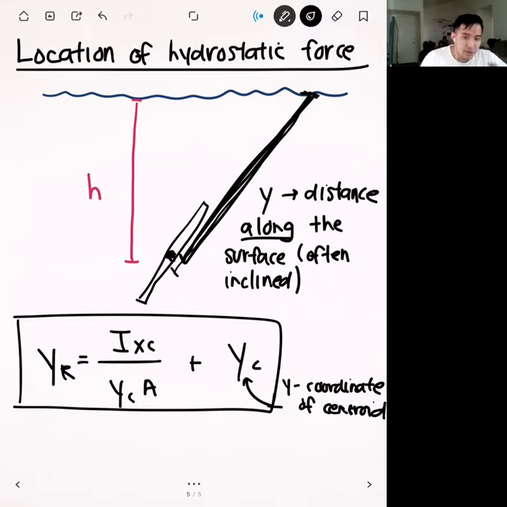So you're not doing H sub C, you're doing Y sub C. A, just like in the previous one, is simply the area of the surface that you're considering. And IXC is your moment of inertia.